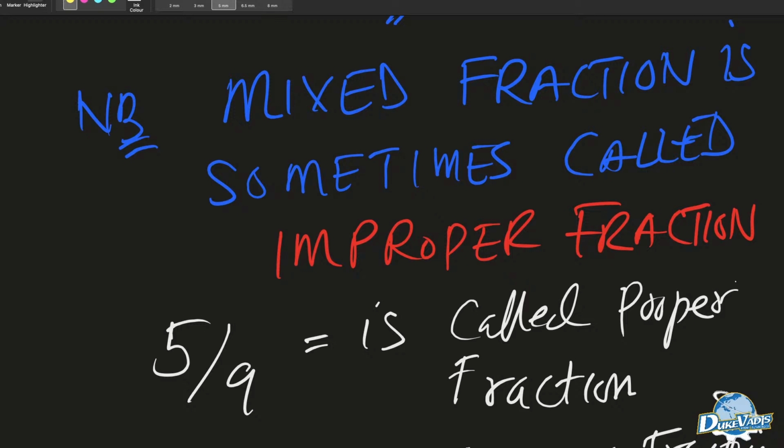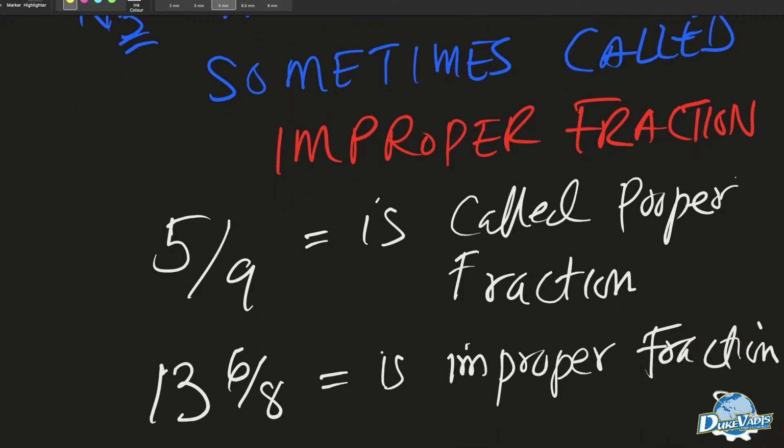You see, so I said a mixed fraction is sometimes called an improper fraction. So 5 over 9 is called a proper fraction, and 13, 6 over 8 is an improper fraction. Have you seen it? So it's been so easy.